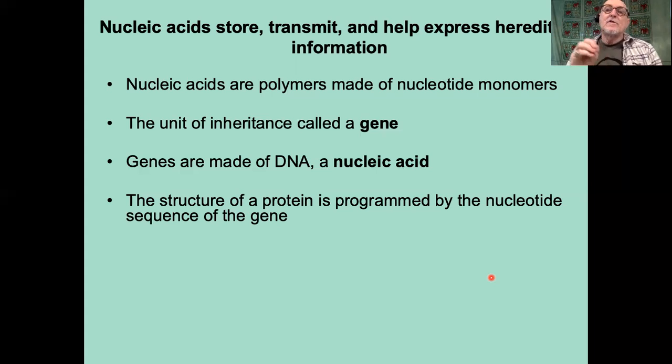You will also hear it referred to as a base, for reasons that you'll realize in a while. But each monomer is a specific chemical unit called a nucleotide. And in DNA, there are 4 distinct nucleotides, different structures, but they can be joined together in any order.